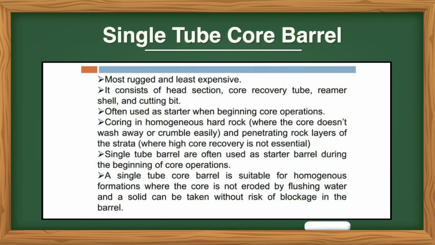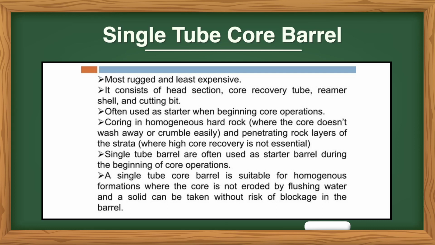So, first, single tube core barrel. Most rugged and least expensive, it consists of a head section, core recovery tube, reamer shell and cutting bits, often used as a starter when beginning core operation.